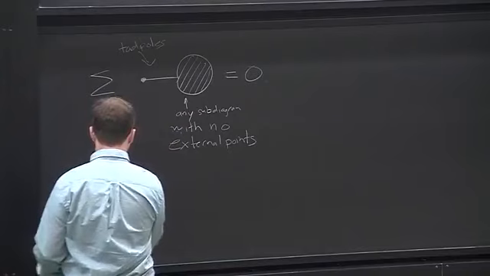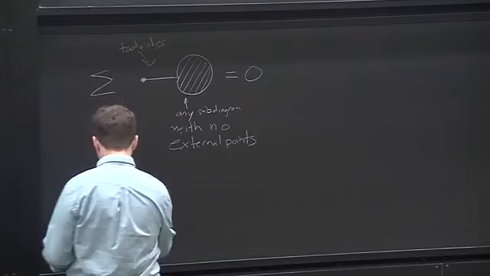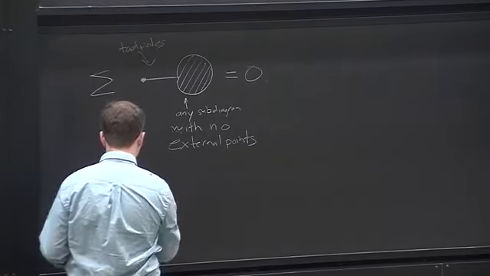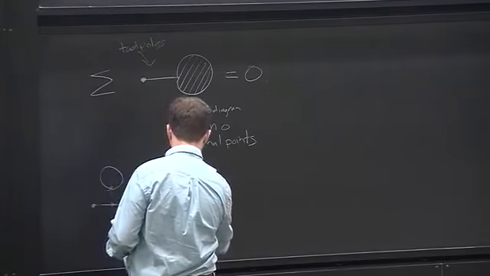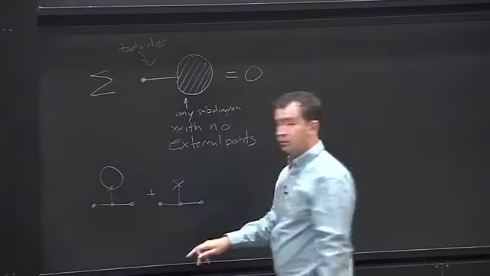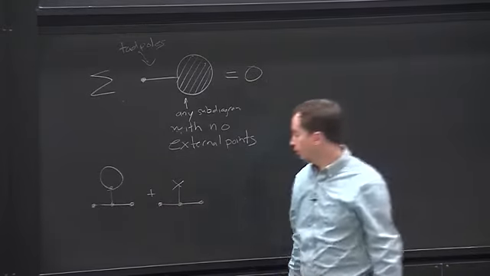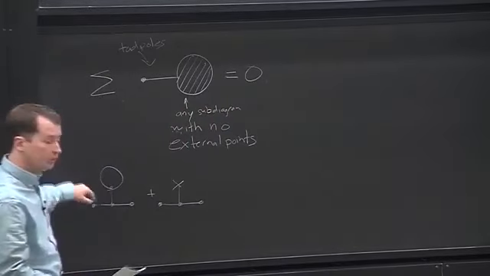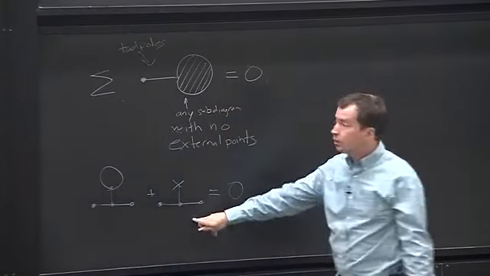And then let's suppose we're interested in computing the 2-point function. So the 2-point function will contain diagrams like this at second order. But if we've imposed this condition, that tells us that the sum of these two diagrams will be 0.